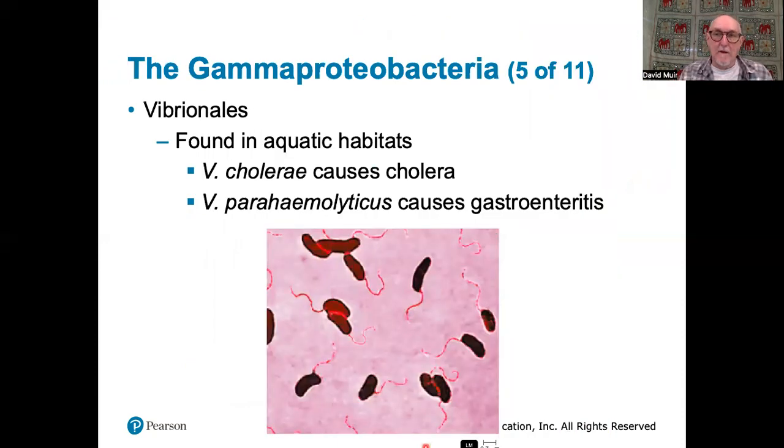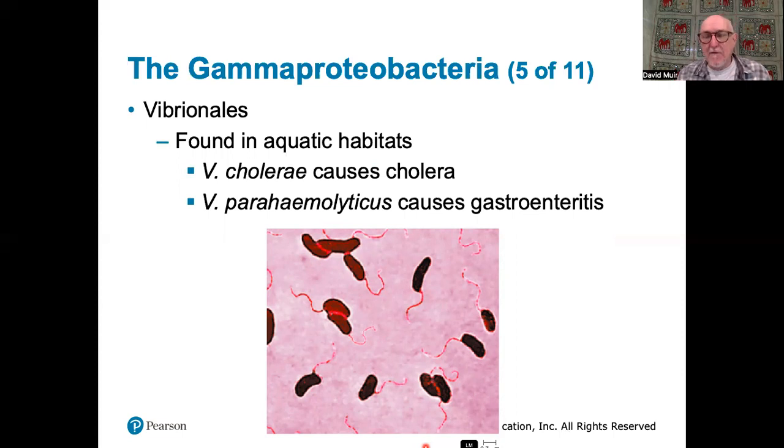Okay, so the next one of the gamma proteobacteria is a group called the Vibrionales. These are often just called the Vibrios. There are a lot of members of this group, the Vibrionales, but they are all aquatic.